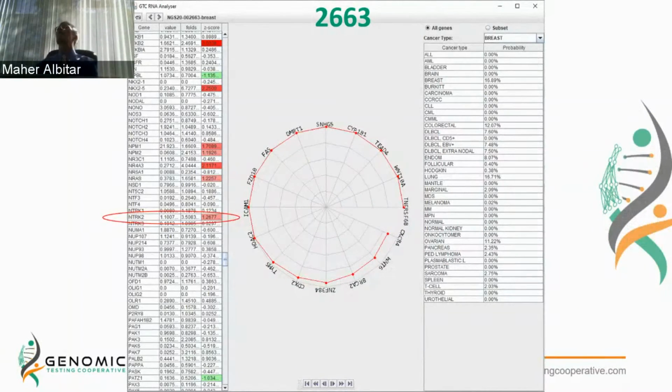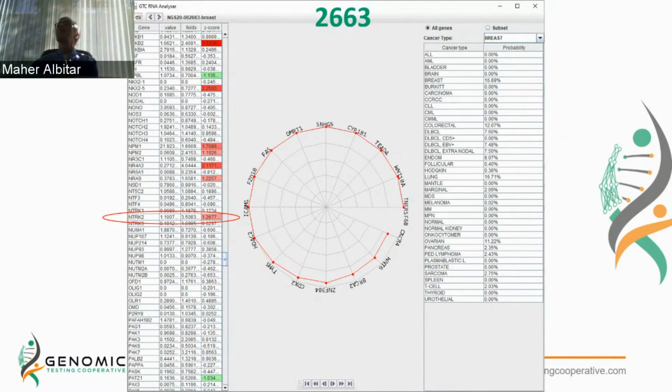Now, what's very interesting about this patient is the overexpression of Interleukin-2. So clearly our software classified her as breast cancer, but the overexpression of Interleukin-2 gives us a hint that there is something else wrong with the Interleukin-2.